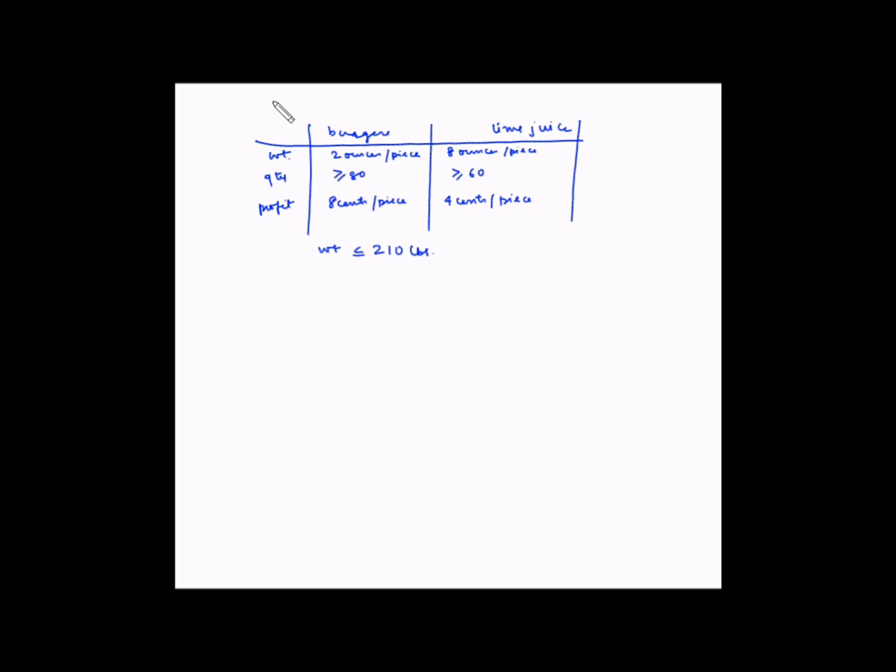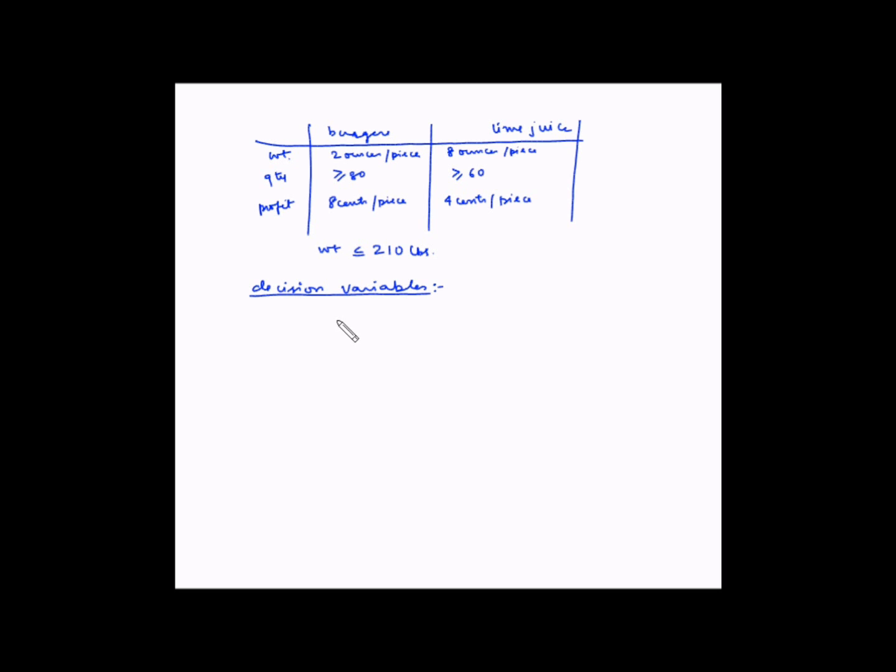So first step would be to determine the decision variables. So here we need to determine the quantity of burger and lime juice in order to maximize the profit.